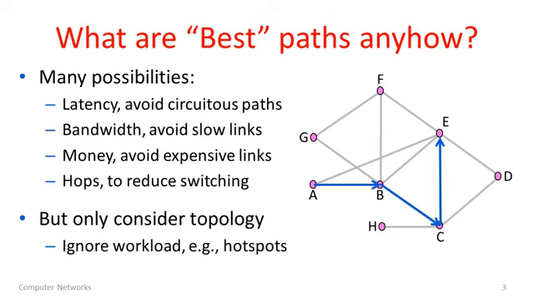It might be the case that in this network there's a bit of a hotspot at B, and if we've sent traffic from A to E along that blue path shown in the network here, then maybe we would say, hey, there's already a lot of traffic at B, so we don't want to send traffic from G, say, to C. We would like other traffic to go round instead of through B. Well, we're not going to focus on those kind of policies today because that kind of routing involves the traffic. And best, as we're going to define it now, will only consider static features of the topology, such as what nodes are connected where.